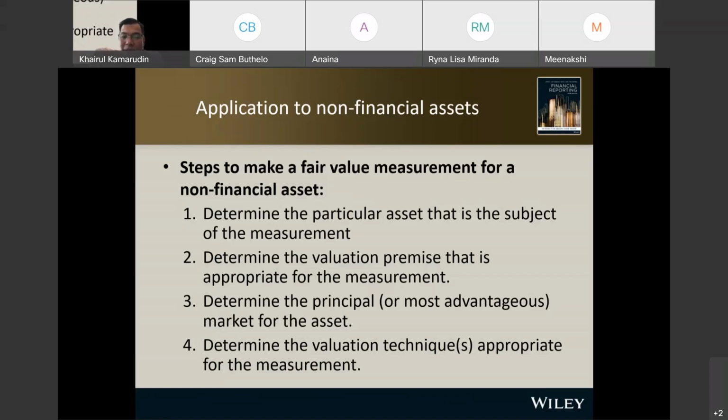Determine the principal or most advantageous market for the asset. If you have a car, where is the best place to sell the car? You can sell the car through Dubizzle, maybe. Maybe there are several other websites, I'm not sure. Maybe there are certain companies that advertise, sell your car here, or you can put it on your Facebook, your Instagram.